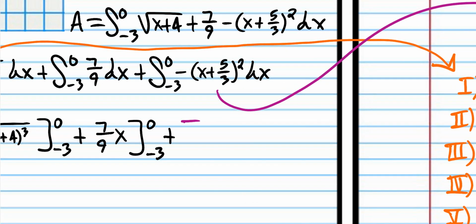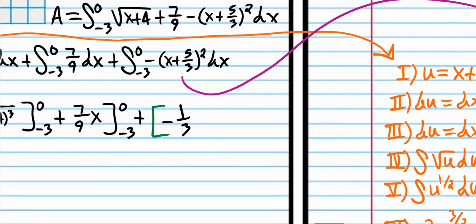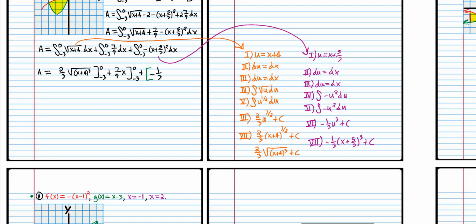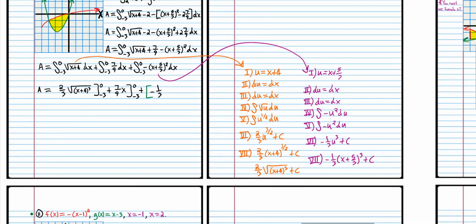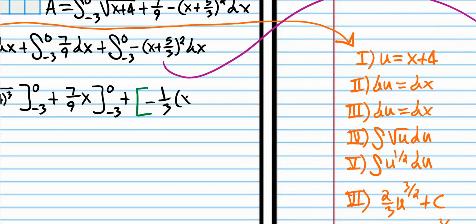So -1/3, we're not allowed to write a plus symbol next to a negative, right? So a bracket's going to be good to write there. So -1/3 (x plus 5/3) to the 3rd power from -3 to 0.